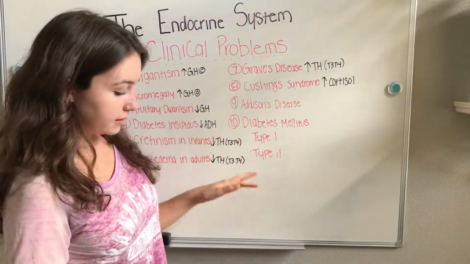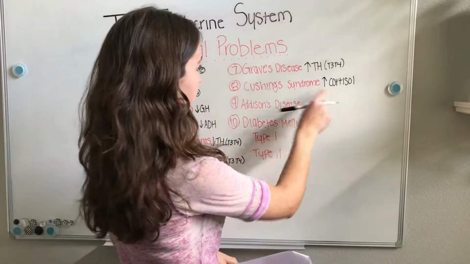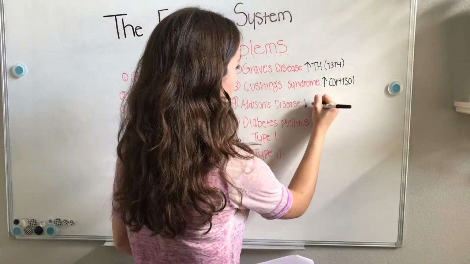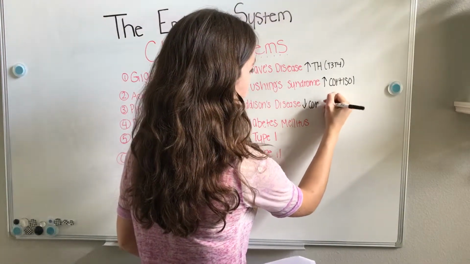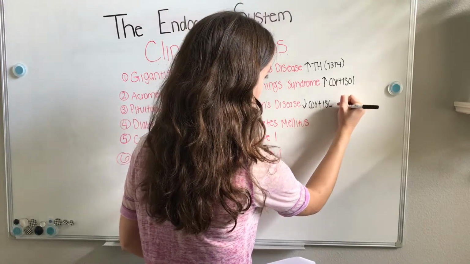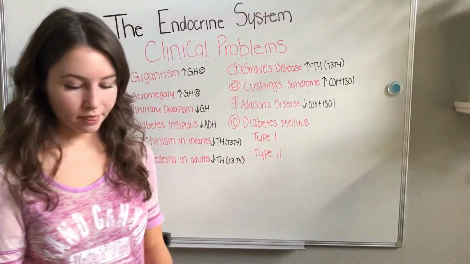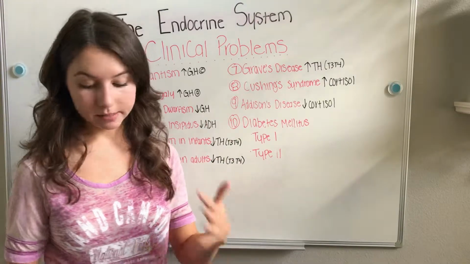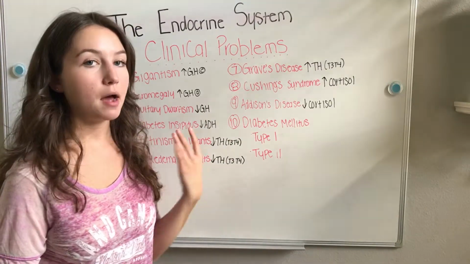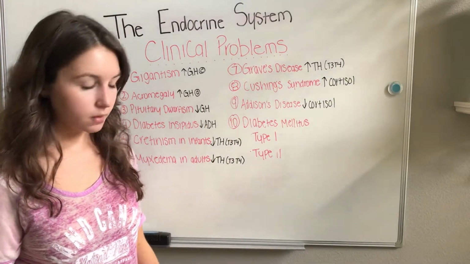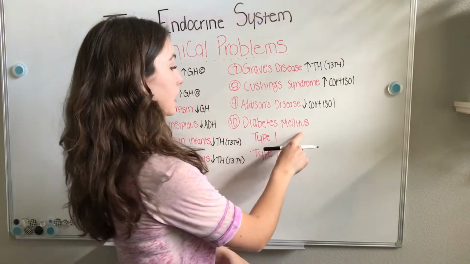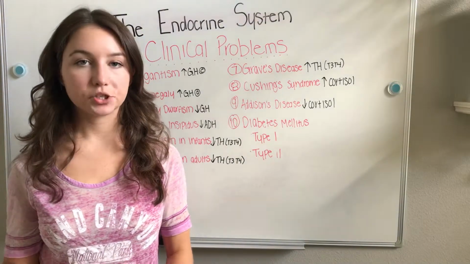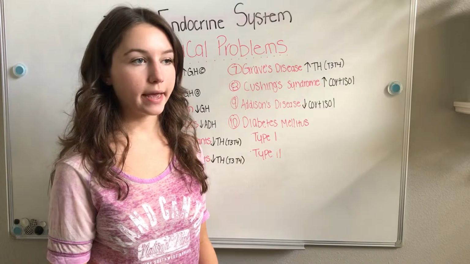And then Addison's disease would be the opposite of Cushing's syndrome. So it is a hyposecretion of cortisol, which would mean that you would lose weight, you'd become dehydrated, and you could also have hypotension. And then finally, diabetes mellitus, which is pretty much the classic diabetes that we know today.